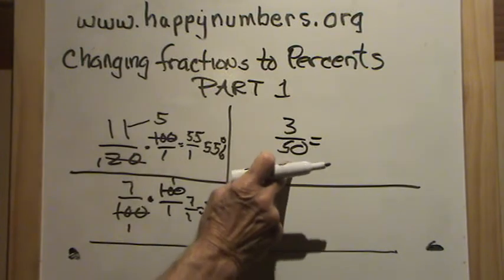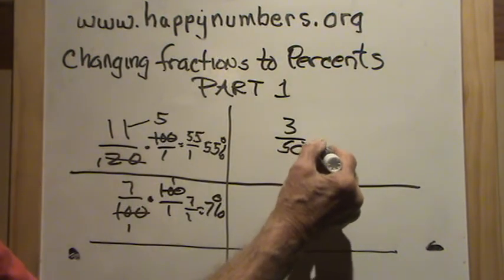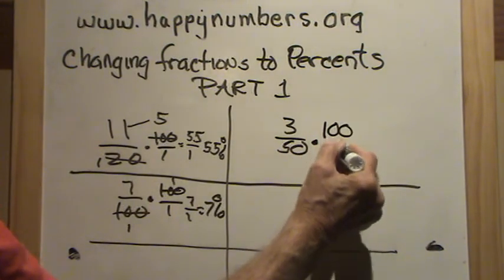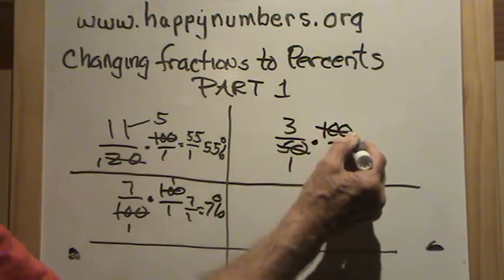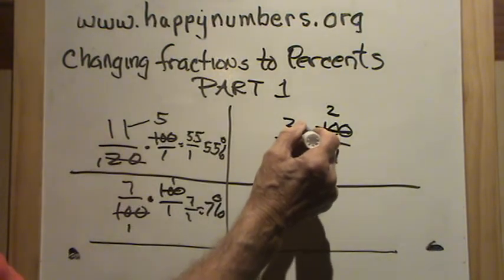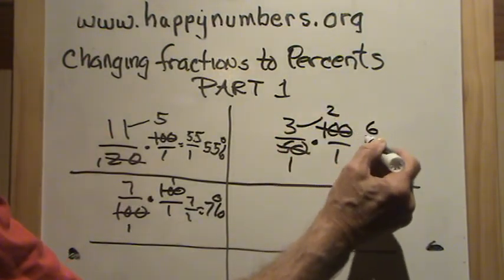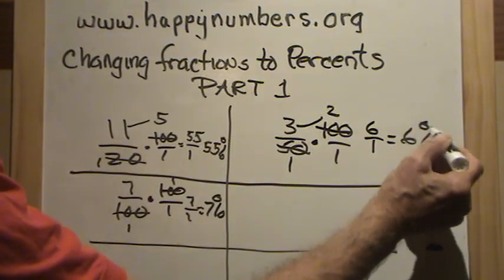This one, well, 50 we know goes into 100, so we can use the multiply by 100 method. 50 goes into 50 one time, 50 goes into 100 2 times. 3 times 2 is 6, 1 times 1 is 1, 6%.